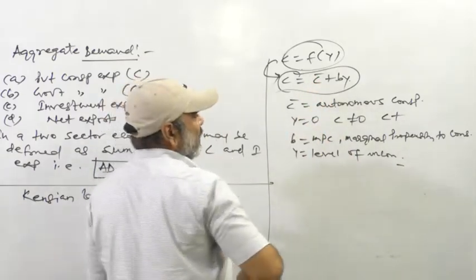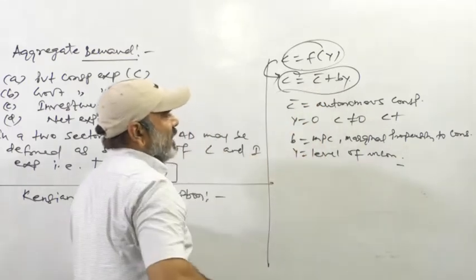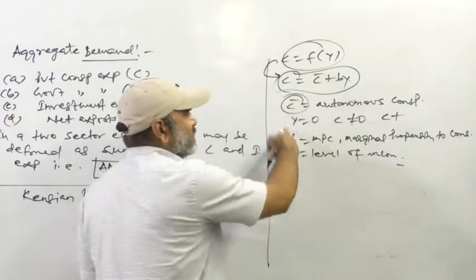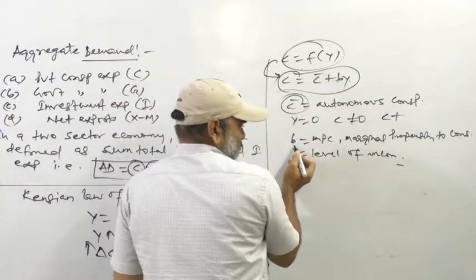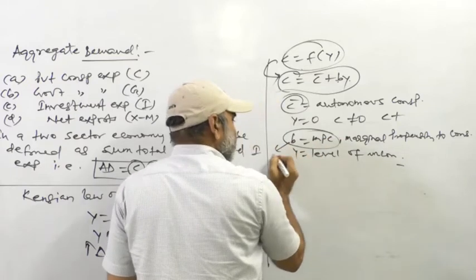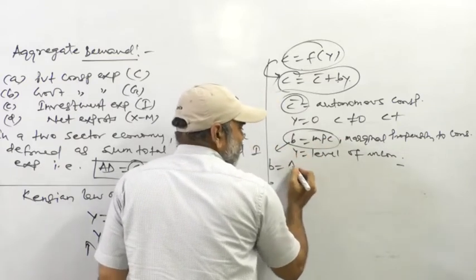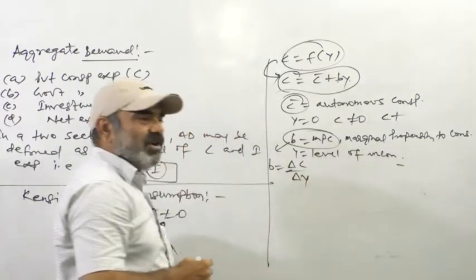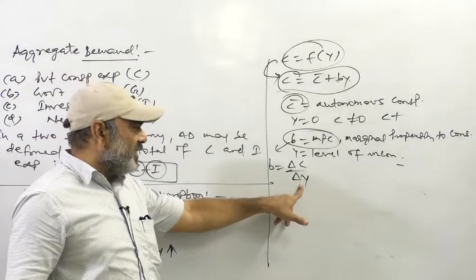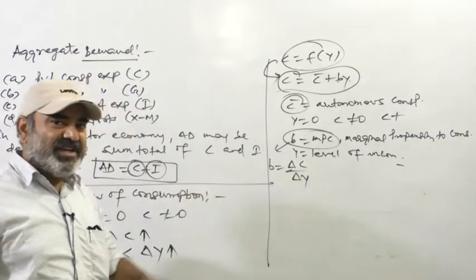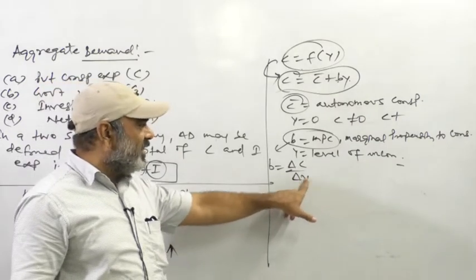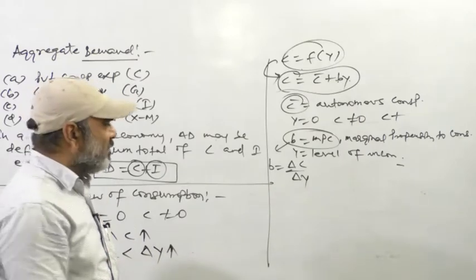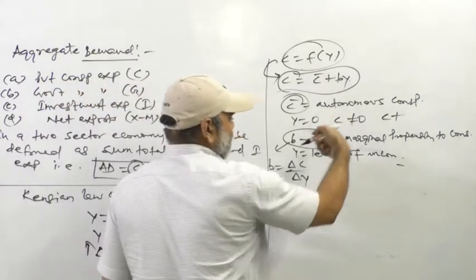It suggests that even if income is zero, consumption cannot be zero. And this is known as autonomous consumption, which is reflected by C bar. And b is MPC. And MPC, what is MPC? Change in consumption expenditure resulting from change in income. Because I have already told you that change in income leads to change in consumption expenditure. That is, increase in income will lead to increase in consumption expenditure, though proportionately by a lesser amount. Got it? And Y is the level of income.